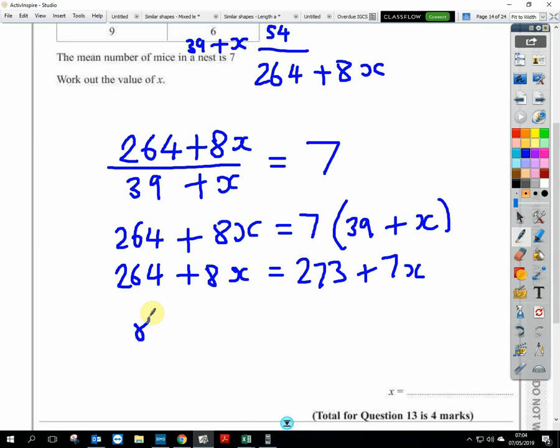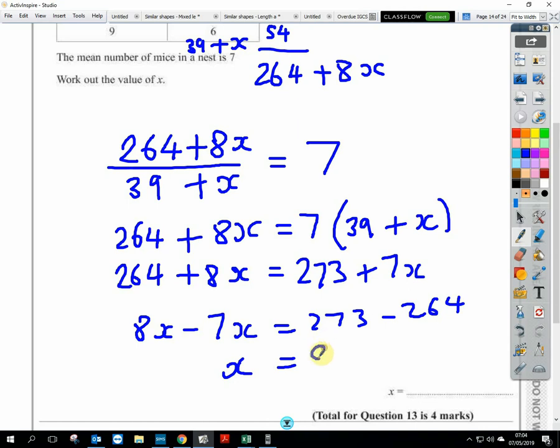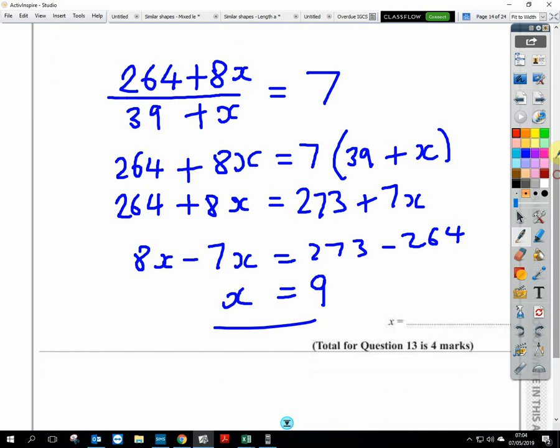Okay, do a bit of rearranging. So 8x minus 7x equals 273 minus 264. And then you end up with x is equal to 273 minus 264, which is 9. Now, incidentally, if you guess that the answer is 9, by trial and error, you will receive full marks as long as 9 is the only answer on the answer line.